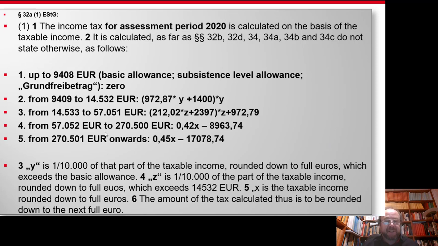So we need this, the fourth bracket. So 42% of everything minus a correcting factor of 8963.74 euros. And that will be our formula, which helps us to calculate the adequate tax rate.